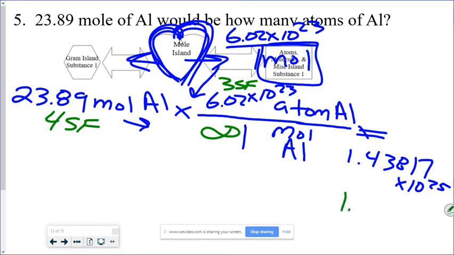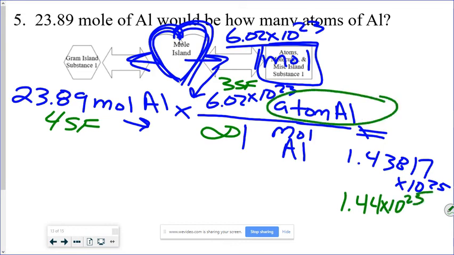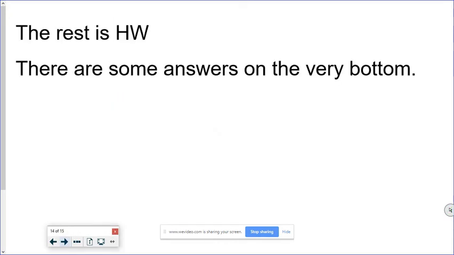So this one would be 1.44 times 10 to the 25th. This is my ending label. Moles of aluminum cancel out with moles of aluminum. So that's going to be atoms, aluminum. That's how you solve those problems. The rest is homework. There are some answers on the very bottom to see if you are doing these problems correctly.